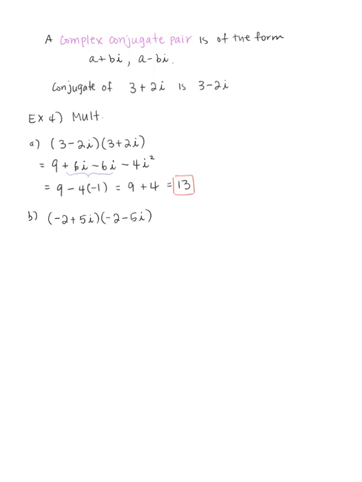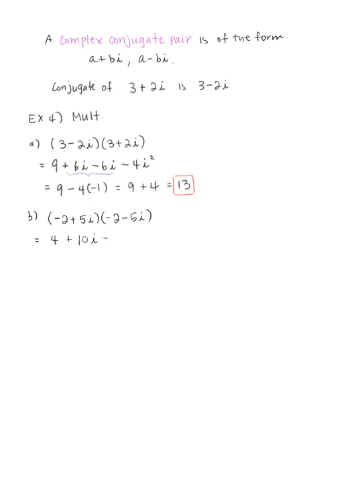Let's try negative 2 plus 5i and its conjugate, negative 2 minus 5i. Okay, so let's take a look. First, I'm going to multiply negative 2 times negative 2, that's 4. And then the next term is going to be plus 2 times 5i, so you're going to have 10i.